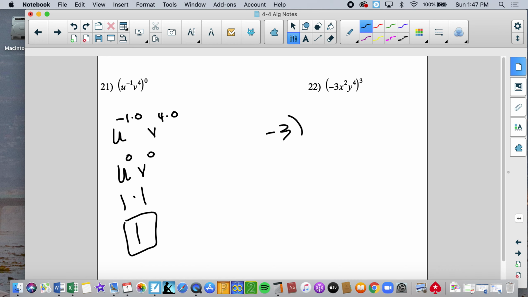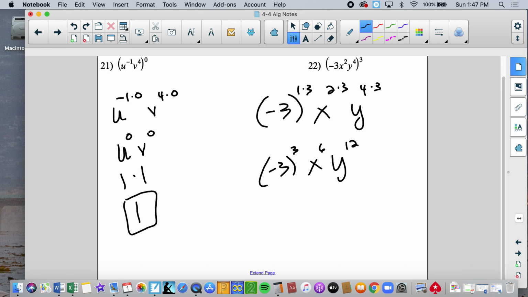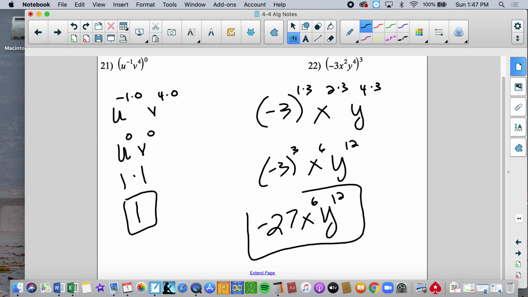Negative 3 to the 1 times 3, x to the 2 times 3, y to the 4 times 3. Negative 3 to the 3rd, x to the 6th, y to the 12th. Negative 3 to the 3rd is negative 27, x to the 6th, y to the 12th. We know that any negative number to an odd power will stay negative.